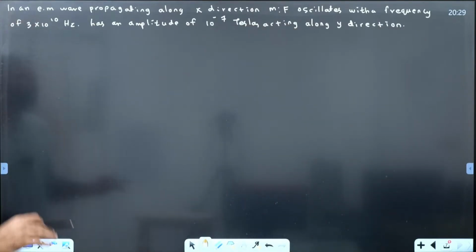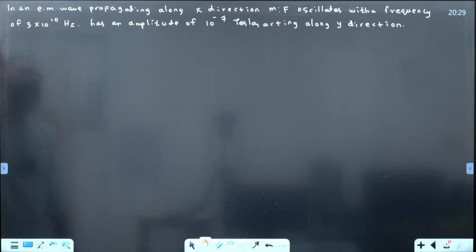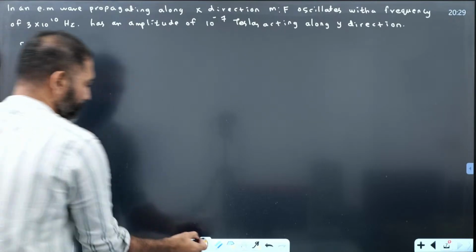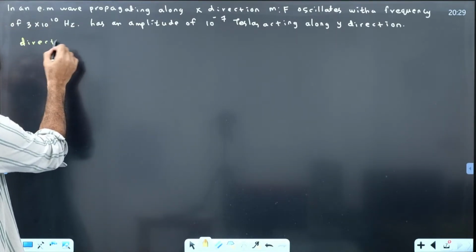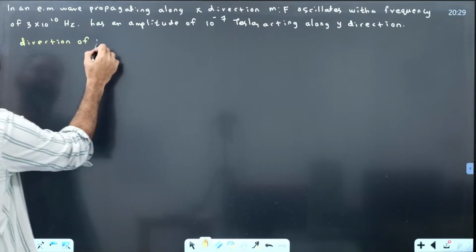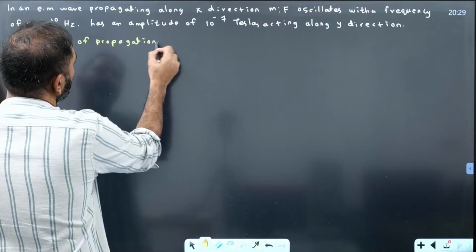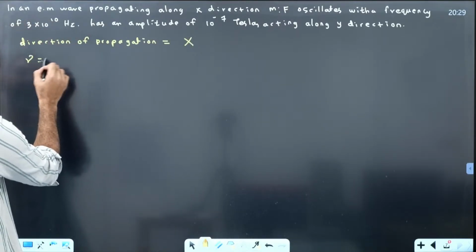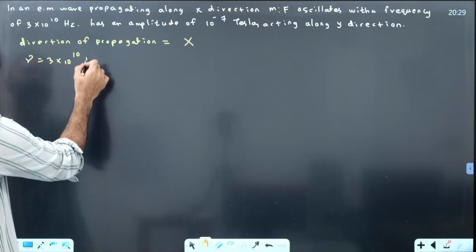Now we have to find out all the things. The electromagnetic wave is traveling along the x direction. So direction of propagation, let me change the color. What is that? X direction. Magnetic field oscillates with the frequency. So nu is given, 3 into 10 raised to 10 hertz.